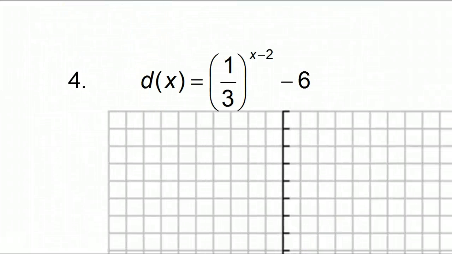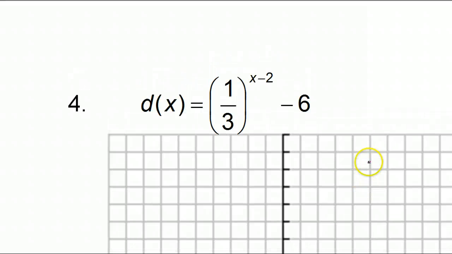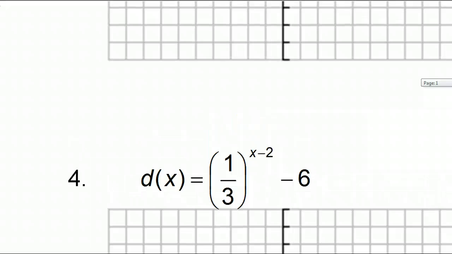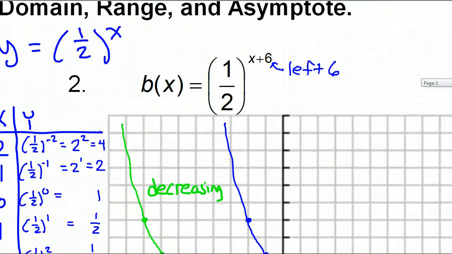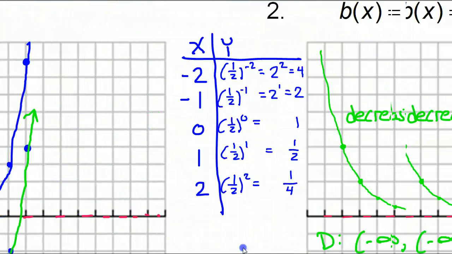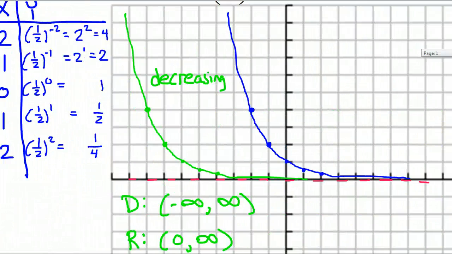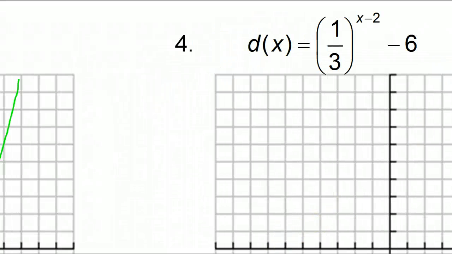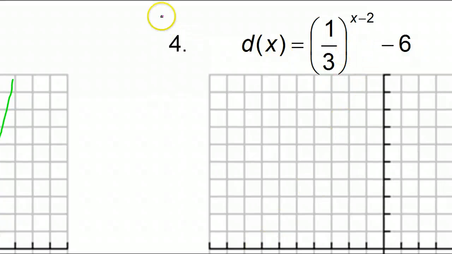Okay, number 4. Once again, let's rock this parent function. Let me make sure I haven't already done this, though. I see that. Okay, 1/2. And I guess once I've done this parent function, then I can start copying off myself. So one more time with my parent function.